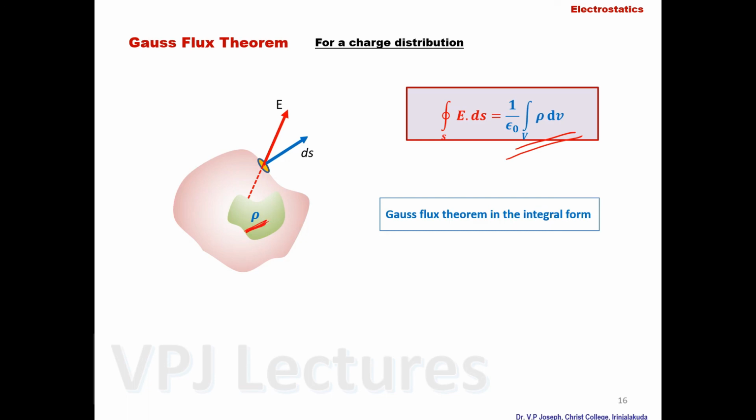The volume integral rho d tau gives the total charge enclosed in this region, and that is substituted in this expression. This is the integral form of Gauss-Flux theorem, a general equation for it.